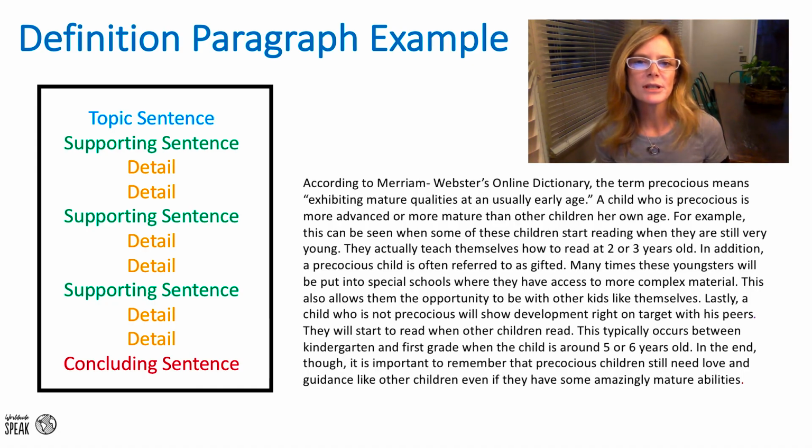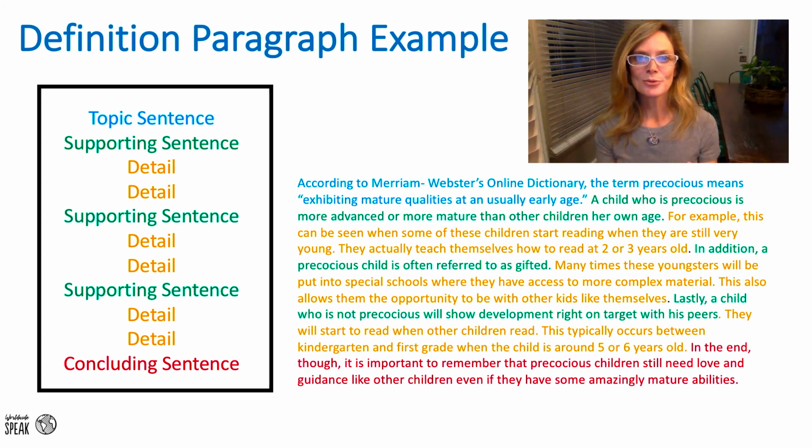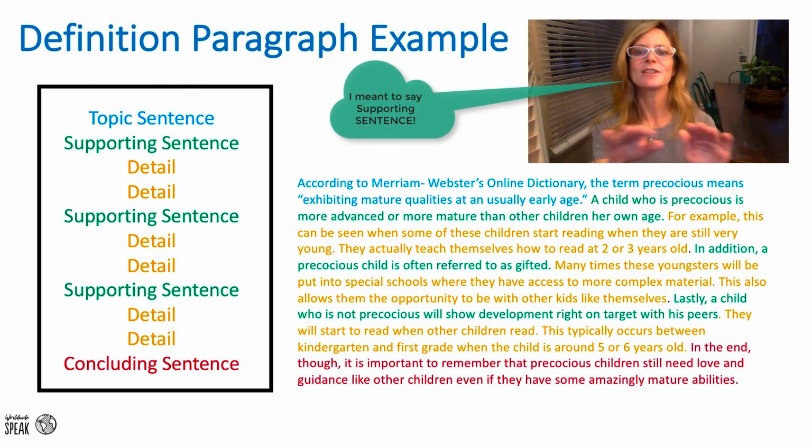Well, what if we took a look at the paragraph like this? So here what I've done is I've aligned each sentence with the color it coordinates with, right? So the topic sentence is blue. I highlighted the first sentence in blue. A supporting detail is in green and the details in orange.